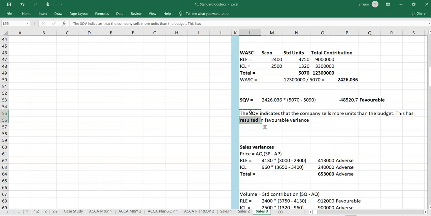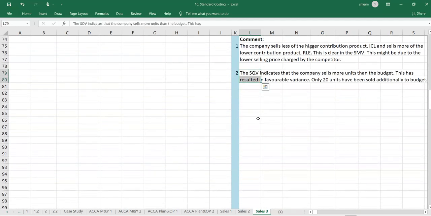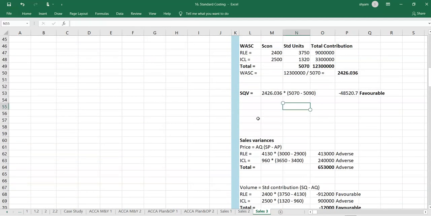But it's not such a great achievement, because only 20 units they have sold higher. So that also we will note: only 20 units have been sold additionally to budget. That's not some kind of a great achievement or anything.